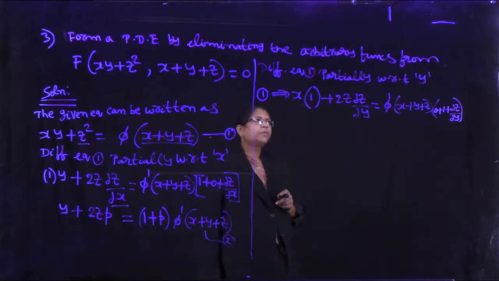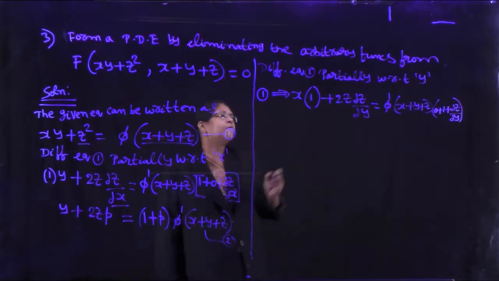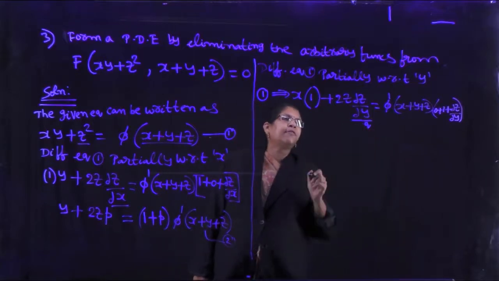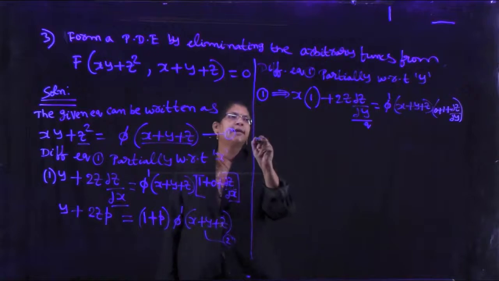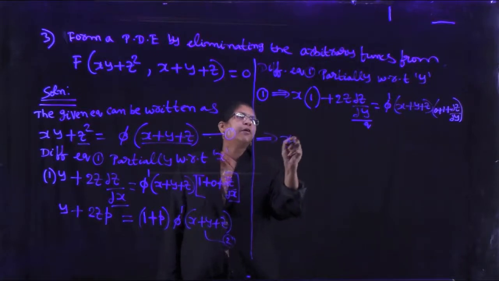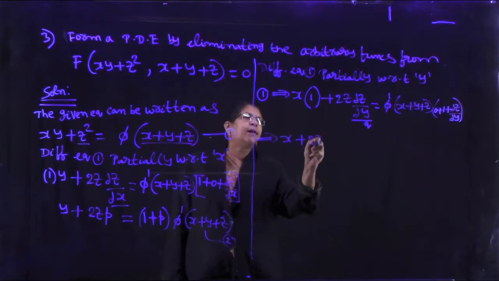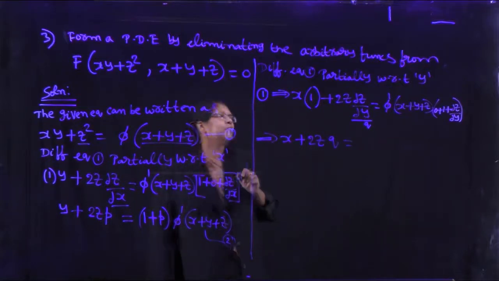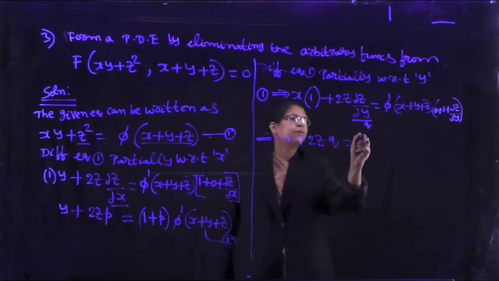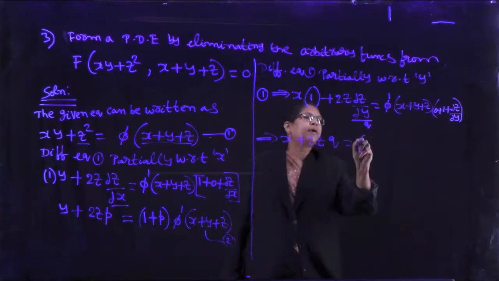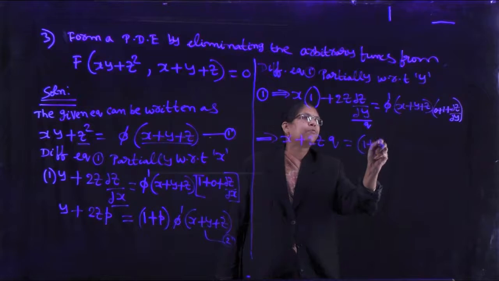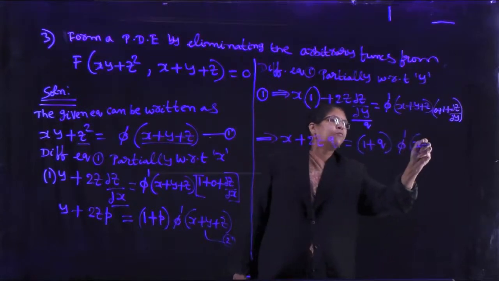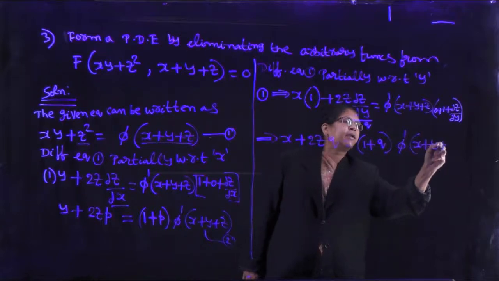If you simplify, ∂z/∂y is nothing but q. So what will you get? x + 2z into q equals (1 + q) into φ' of (x + y + z).